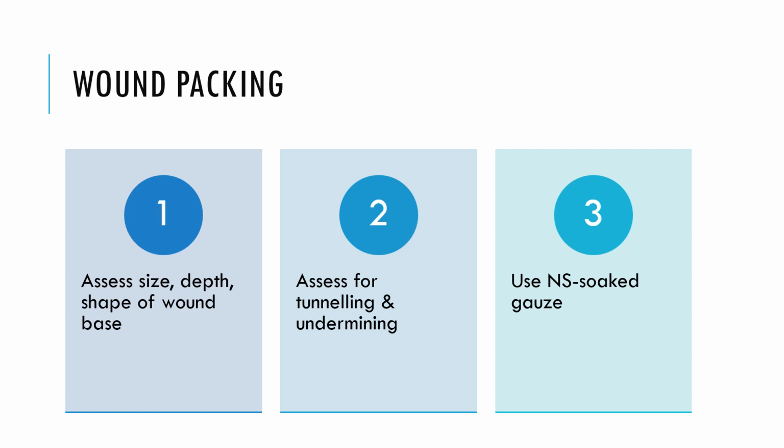The other thing you could do is, when you take the dressing out, you will see how much dressing is taken out. That gives you an idea of how much and what type of dressing will go in. You need to assess for tunneling and undermining and check if you need to pack any undermining.